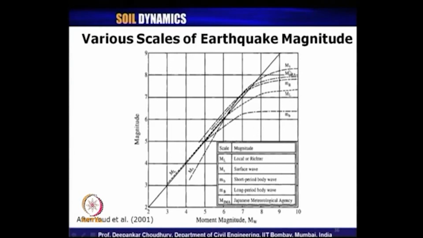So, various earthquake scales have been mentioned here and their relation with respect to moment magnitude. It is given in the U et al. 2001 paper. So, you can use this if you have been given any other scale of earthquake magnitude, to convert them to moment magnitude, so that you can do your liquefaction analysis properly.